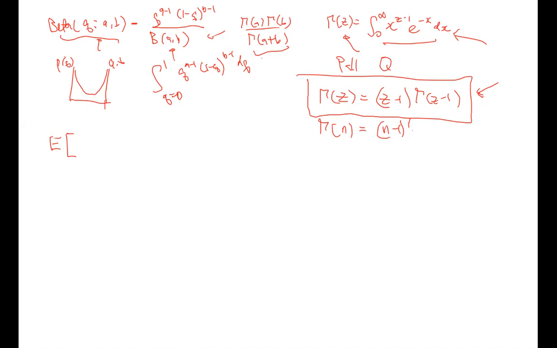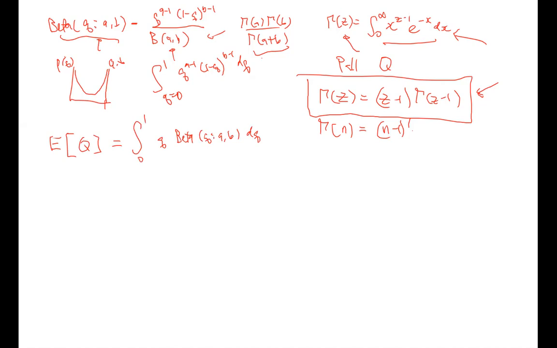The expectation of Q is an integral, since Q is continuous, of Q times beta(Q; A, B) dQ, with Q from 0 to 1.